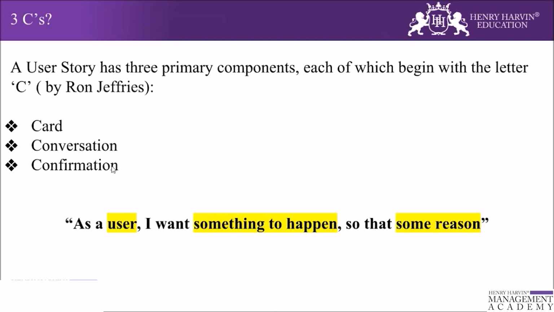In other words, confirmation represents the conditions of satisfaction, which we will discuss in detail in the subsequent slide, that will be applied to determine whether or not the story fulfills the intent, as well as the more detailed requirements. So the product owner must confirm that the story is complete before it can be considered done.